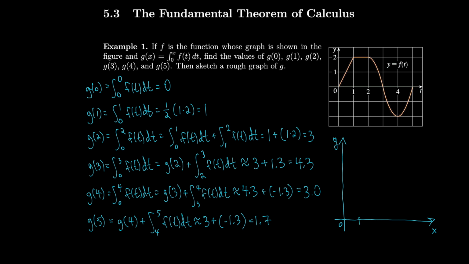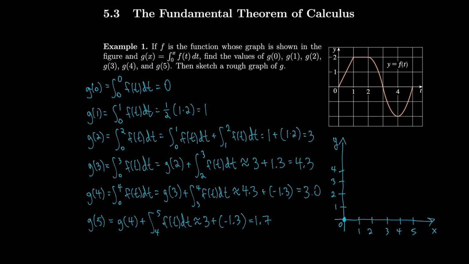So let's say here's 1, 2, 3, 4, 5. And here's 1, 2, 3, 4. I don't think we have to go past 4, it looks like. So we start at 0 because g of 0 was 0.